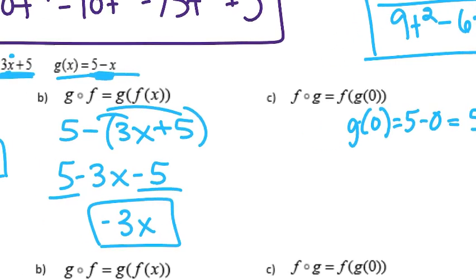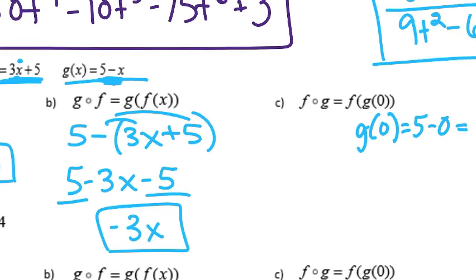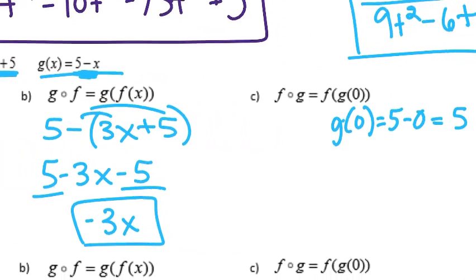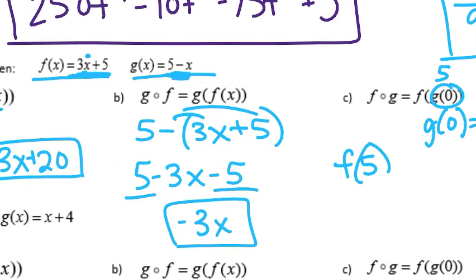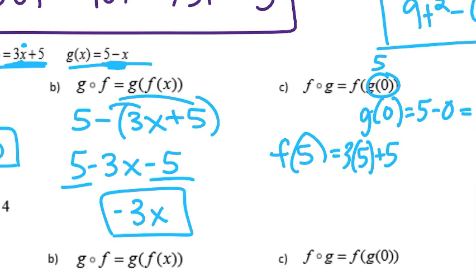So then in my function, I'm going to plug in 5 for x. So f of 5, because this g of x came out to be 5. So I'm going to do 3 times 5 plus 5, 15 plus 5 is 20.